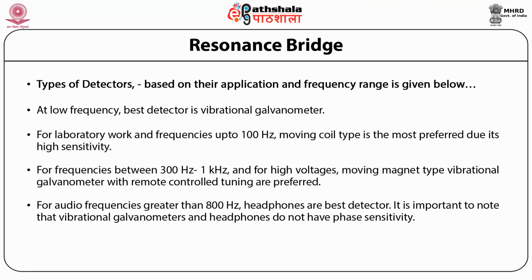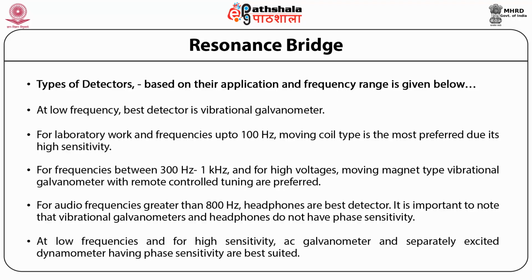That means they cannot indicate whether resistance or reactance adjustment is required. At low frequencies and for high sensitivity, an AC galvanometer and a separately excited dynamometer having phase sensitivity are best suited.